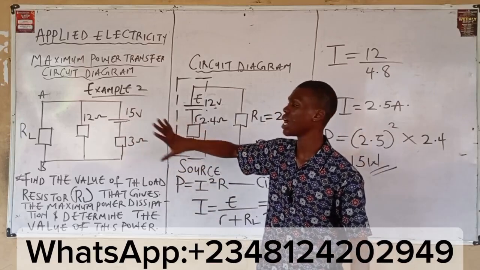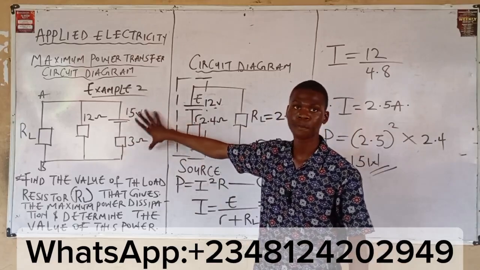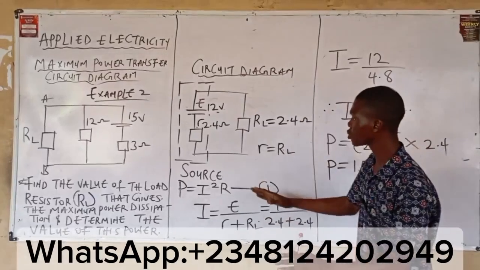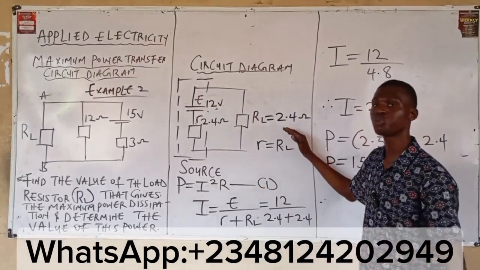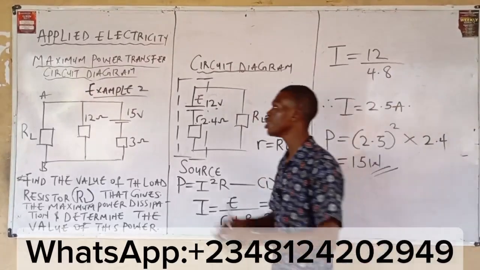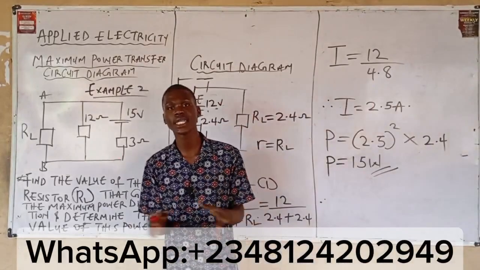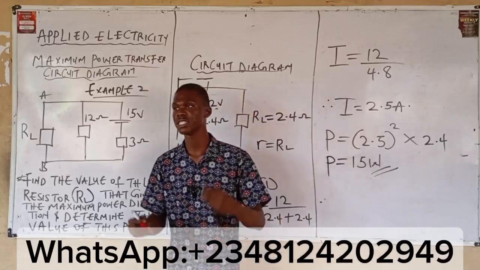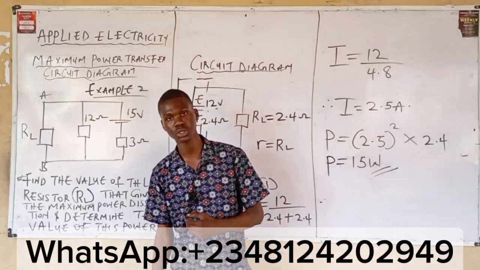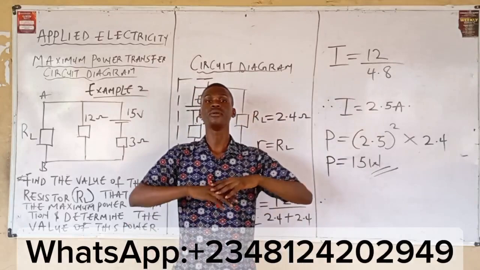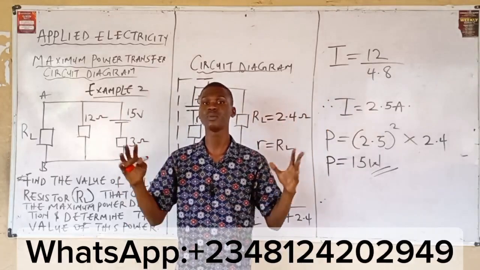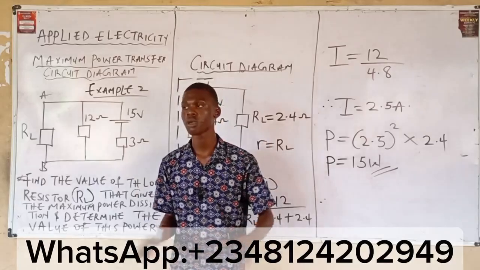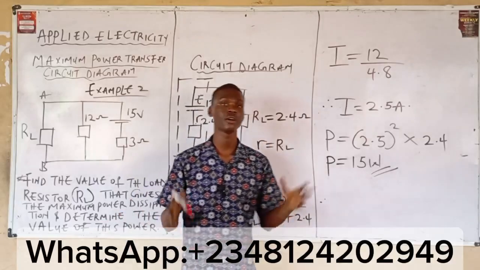This circuit has its maximum power only if the resistor is equal to what? 2.4 ohms. So the whole idea of maximum power transfer is that I want to know the specific value of resistor that will give me the maximum value of the power of any given circuit.